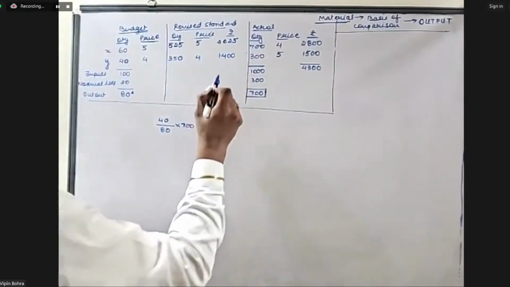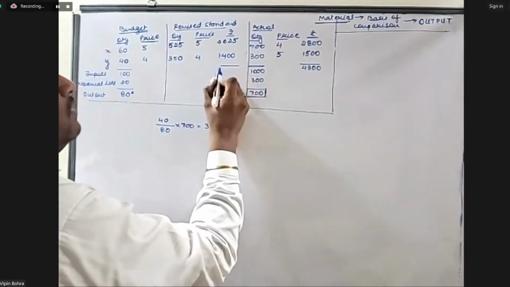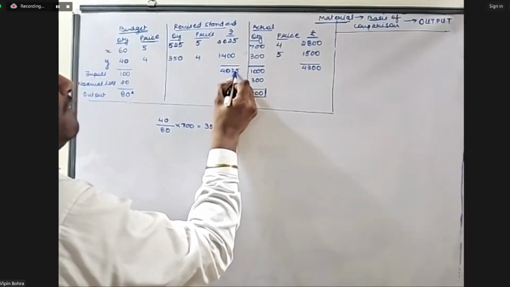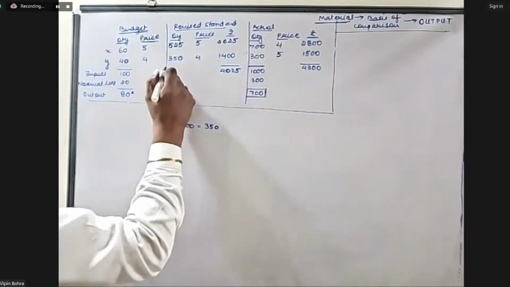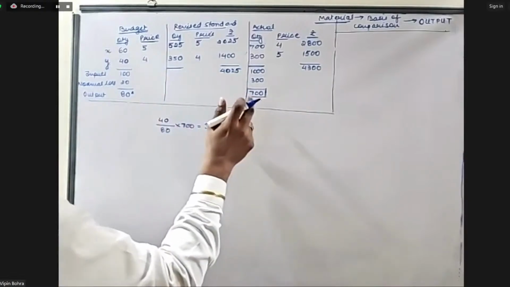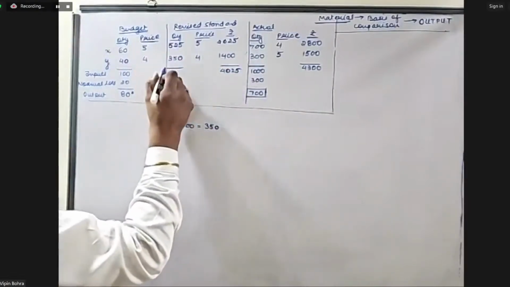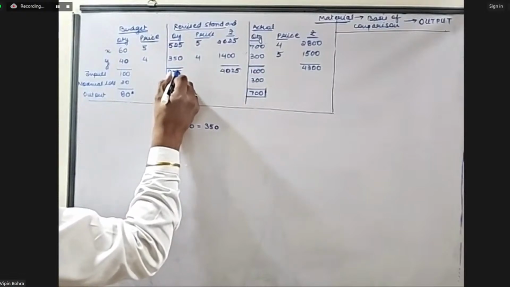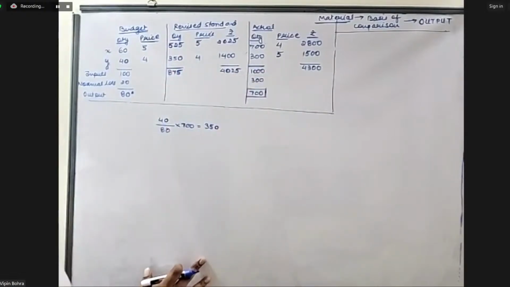So the total cost that was supposed to be incurred is how much? 4,025. The raw material that was supposed to be used for this 700 units of output should be how much? 875. But we actually used 1,000.